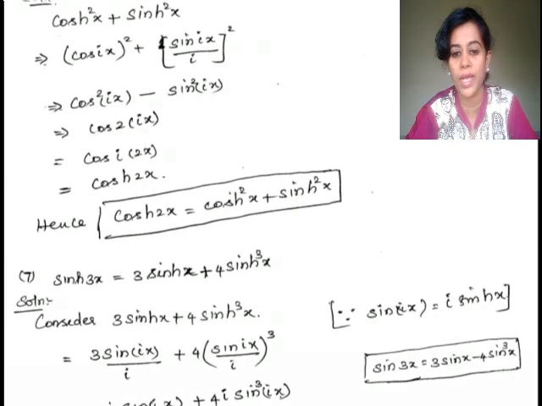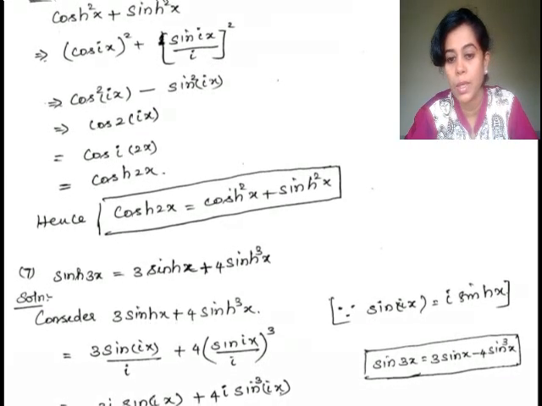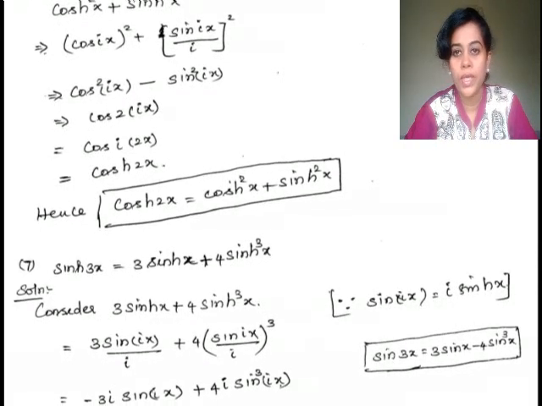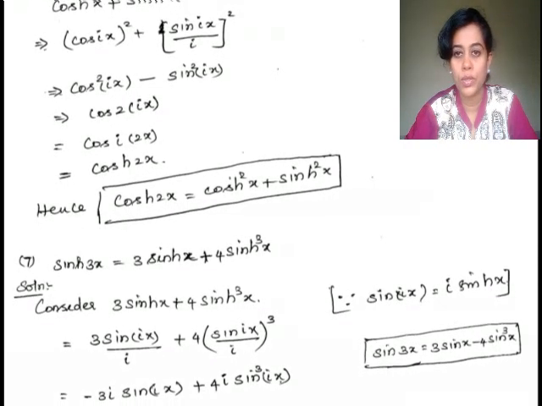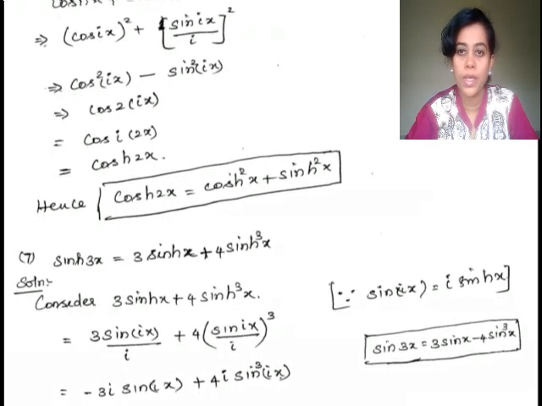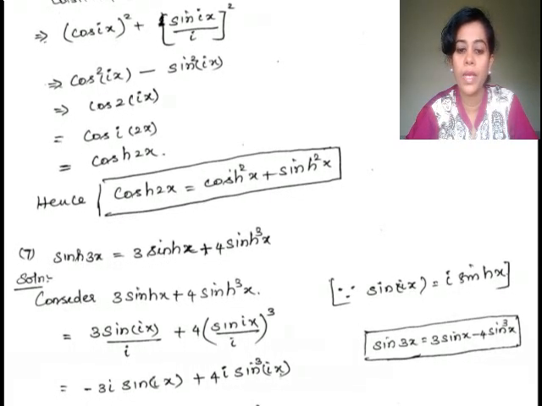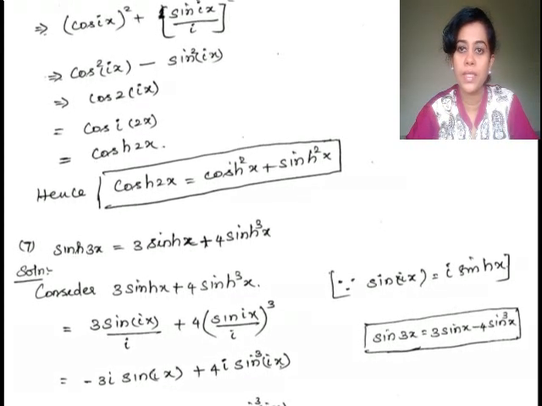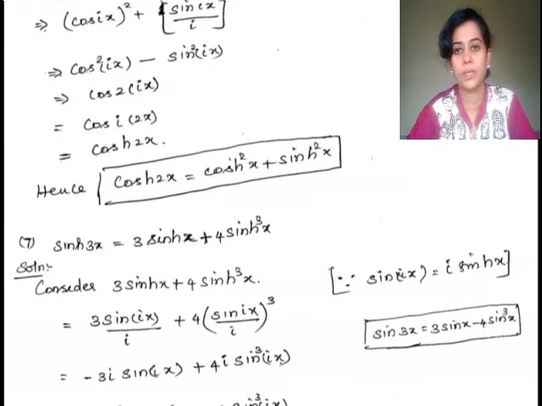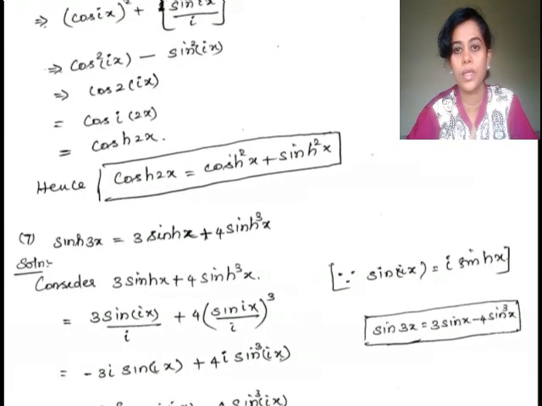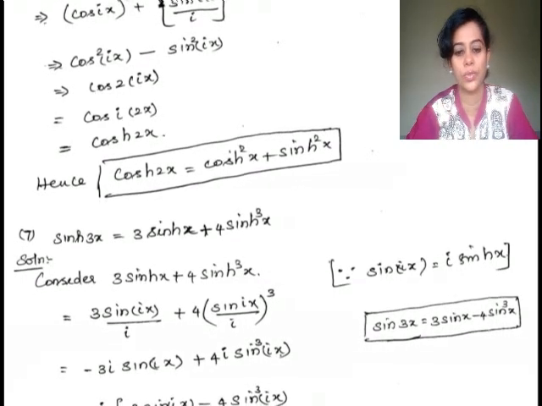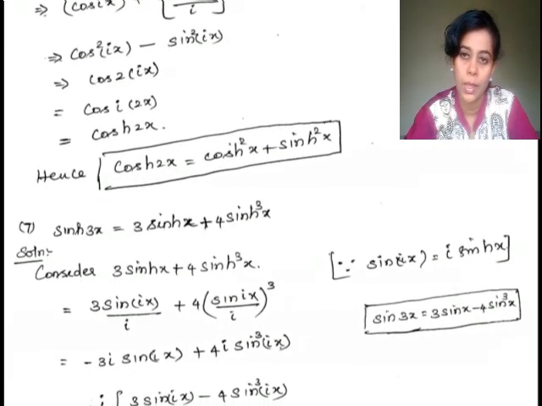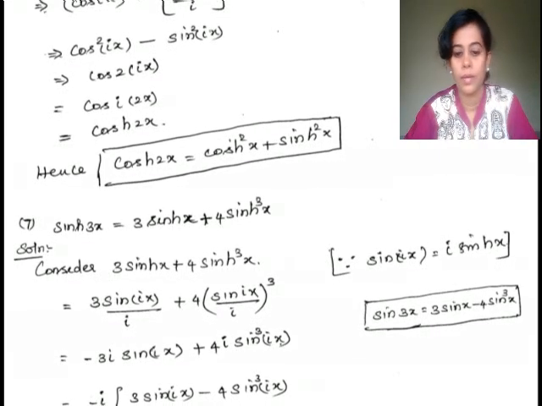So i squared is equal to minus 1. So it is cos squared ix minus sin squared ix. And we know that cos squared theta minus sin squared theta is equal to cos 2 theta. According to the trigonometrical identity, we can replace that by cos 2 ix. Cos 2 ix can be written as cos i of 2x. Cos i of 2x will be written as cosh 2x. Hence, we proved the result. Cosh 2x is equal to cosh squared x plus sinh squared x.